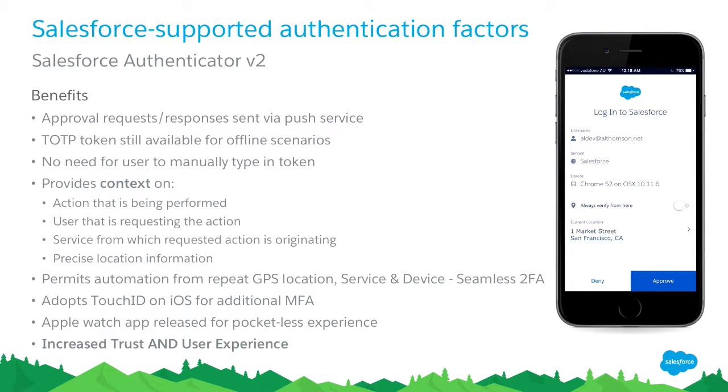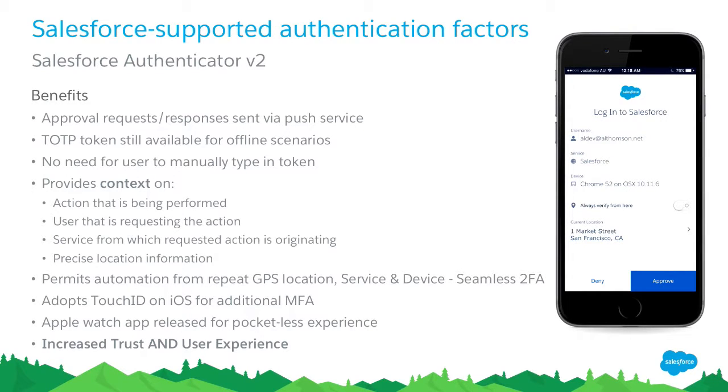Now, it has a nifty feature where it says always verify from here. The advantage is you don't even have to bother the user to get to 2FA. If users are always logging in from their home, their couch, or their workspace, it uses the GPS chip on the phone along with other location services to automatically approve logins. The user doesn't even have to get the phone out of their pocket.